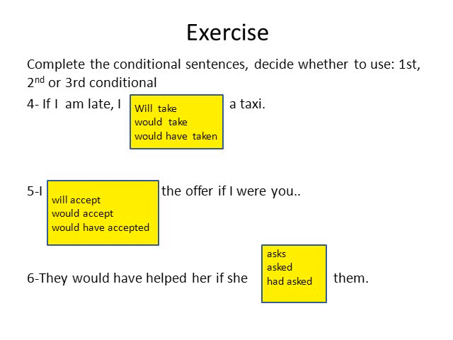If I am late, I will take, would take, or would have taken a taxi. 5. I will accept, would accept, or would have accepted the offer if I were you. 6. They would have helped her if she asked, had asked them.